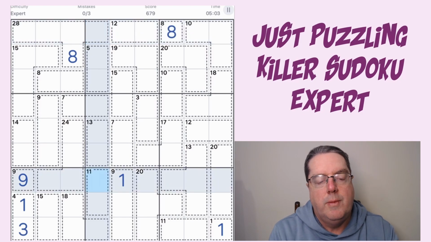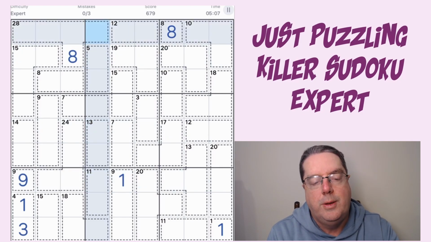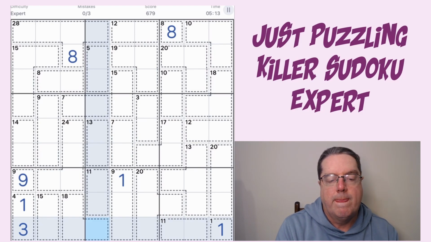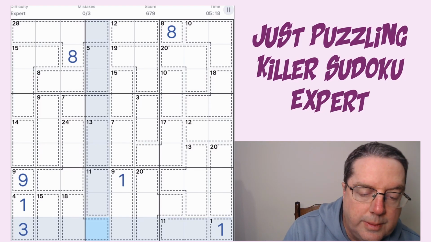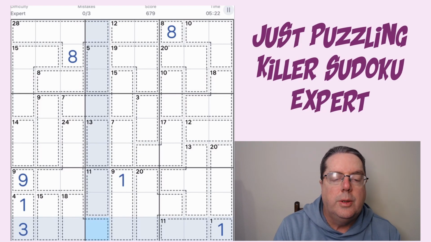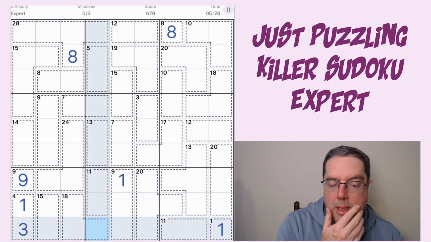What we got? 11 plus 13 is 24, plus 5 is 29, so there's 16. I don't know. I do not know. So I know this is 2, so I know that 9 can't be in this one. So 9 can be in this one, or 9 can be here.